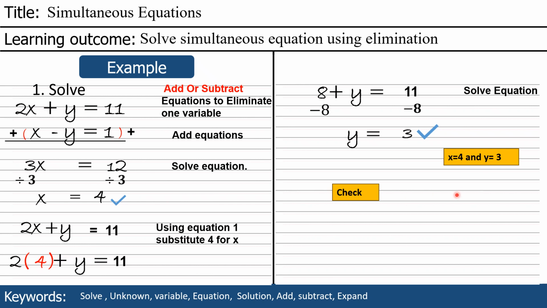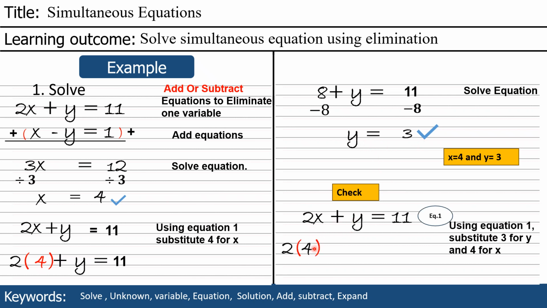Remember, it's very good practice to check your answers to ensure that you're getting everything correct. So let's do a quick check using equation 1. Write your equation 1. It's right here. That's 2x add y equals 11. And now we will replace the x with 4 and our y with 3.